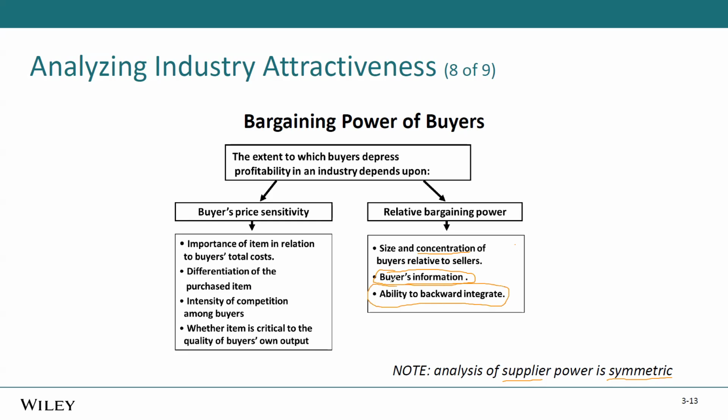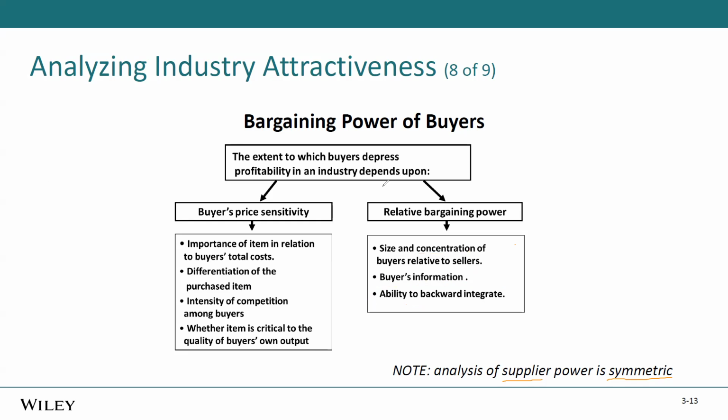If I'm a supplier selling to a buyer, if I try to raise my price too high and my buyer is able to backwards integrate, well, I might want to be careful about how high I push the price. Intel pushed the price too high on Apple on their chips, and Apple just decided to backwards integrate and start making Apple Silicon, making their own chips. Not all firms can do that. It requires a lot of resources to make chips, but Apple was able to backward integrate successfully.